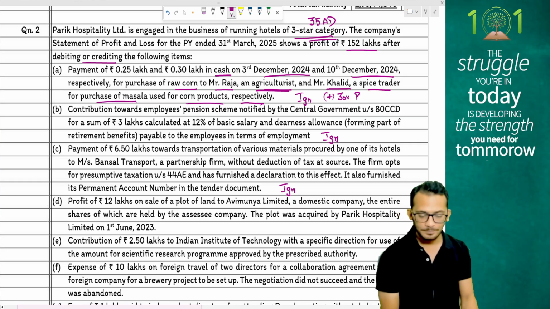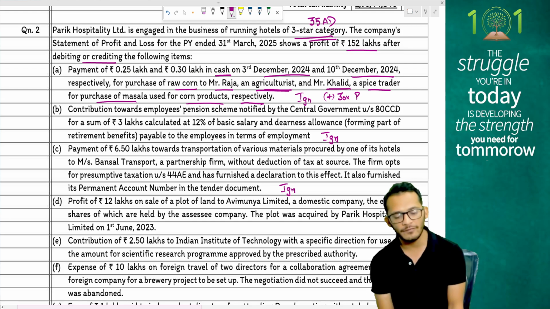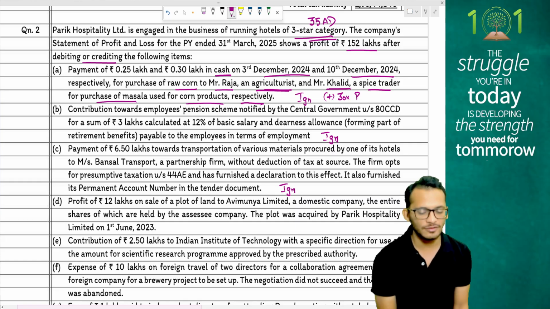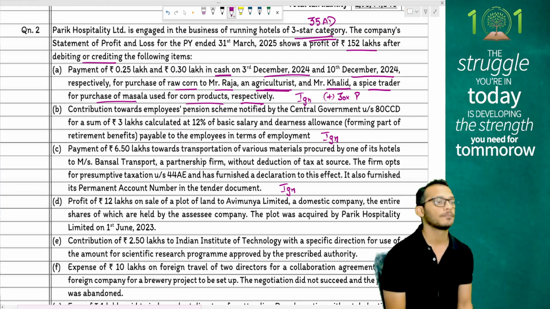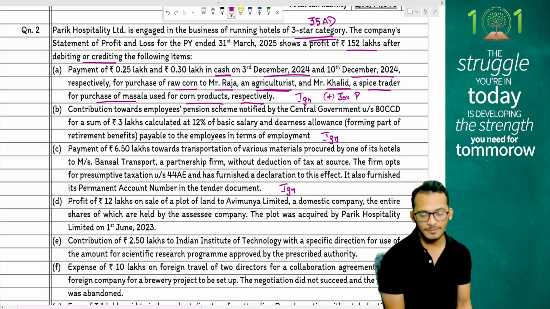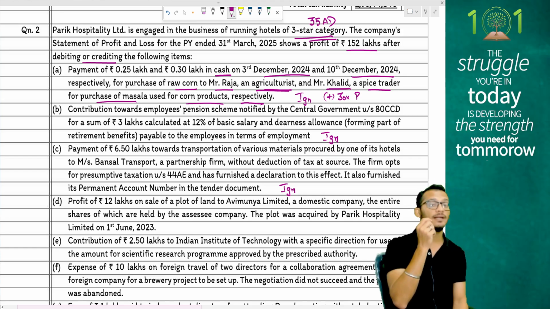Next, a profit of 12 lakh rupees on sale of a plot of land to Avimunya Limited, a domestic company, the entire shares of which are held by the assessee company, which means this company is my wholly owned subsidiary. The plot was acquired by Parik Hospitality Limited on 1st June 2023.